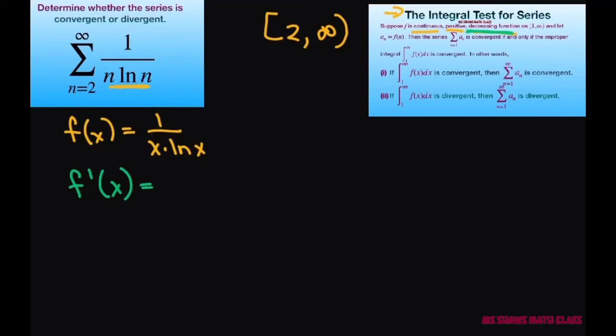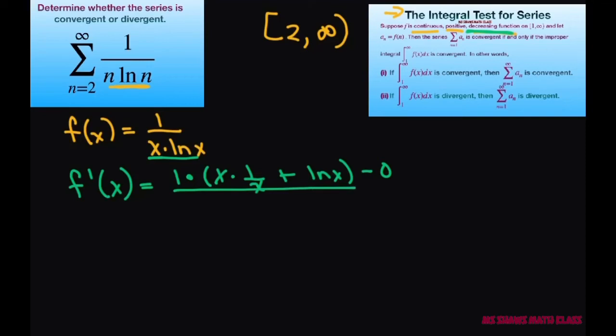We'll use the quotient rule. This is going to be 1 times the derivative of the denominator, which is x times the derivative of ln of x, which is 1 divided by x, plus, by the product rule, ln of x times the derivative of x, which is 1, minus the derivative of the numerator, which is just 0, so that goes away.